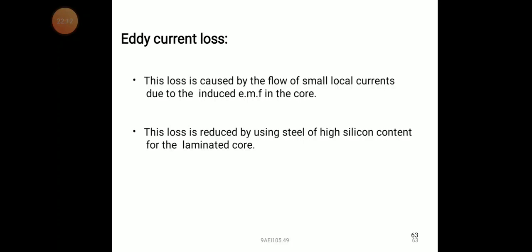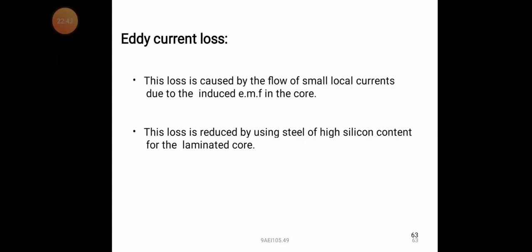For this, what we are doing is this loss is reduced by using steel of high silicon content for the laminated core. The meaning is, if you don't use the laminated core, whenever flux is induced in the core, because of this magnetic flux, a small amount of current is induced in the core.